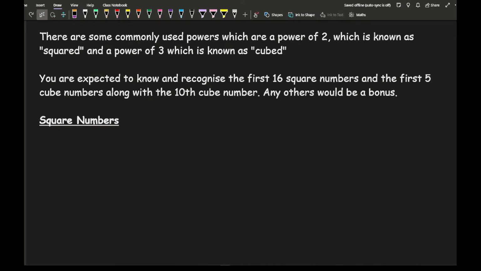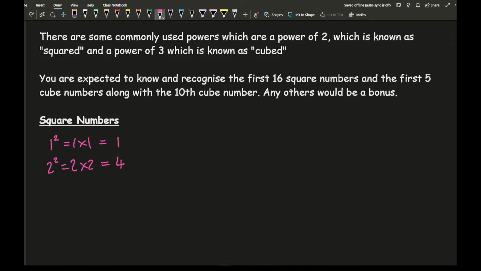What is important is you learn these just like you would a spelling test in English. So for example, 1 squared is 1 times 1, which is 1. 2 squared, which is 2 times 2, which is 4.